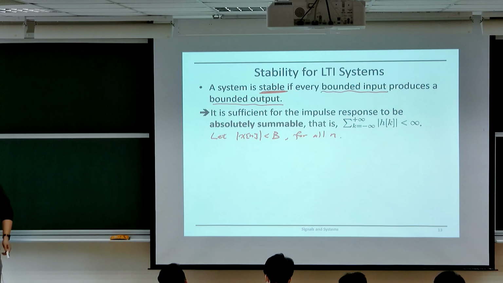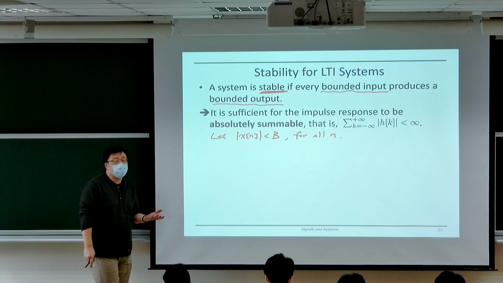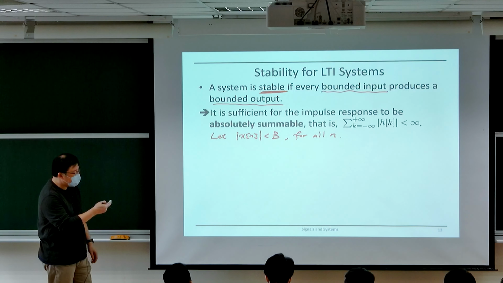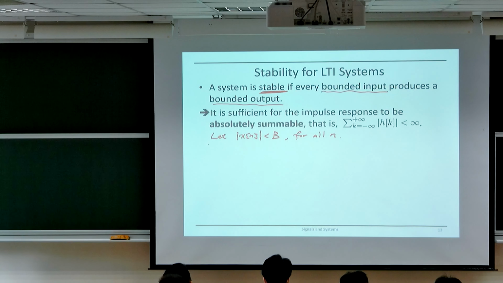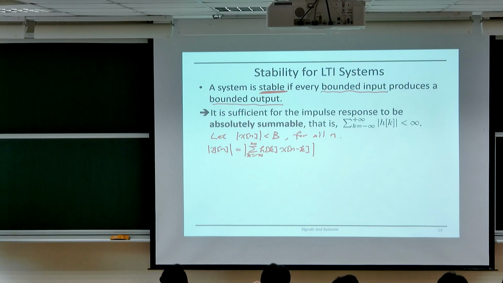Now, to check if a system is stable or not, we need to check if the corresponding output is also bounded. So we look at the absolute value of the output, which is equal to the absolute value of the convolution sum of h[k] x[n minus k] for k from minus infinity to infinity.